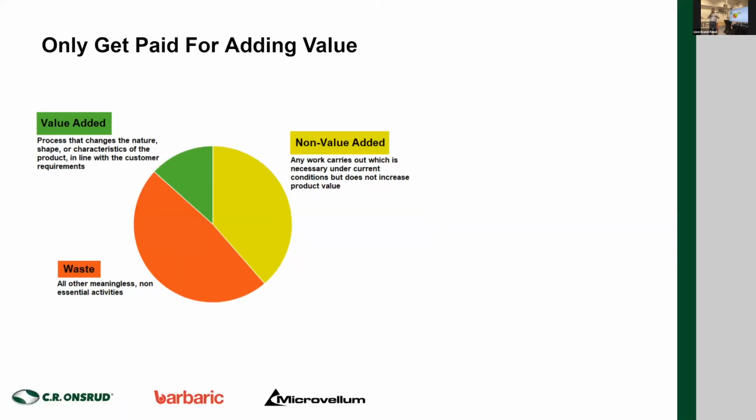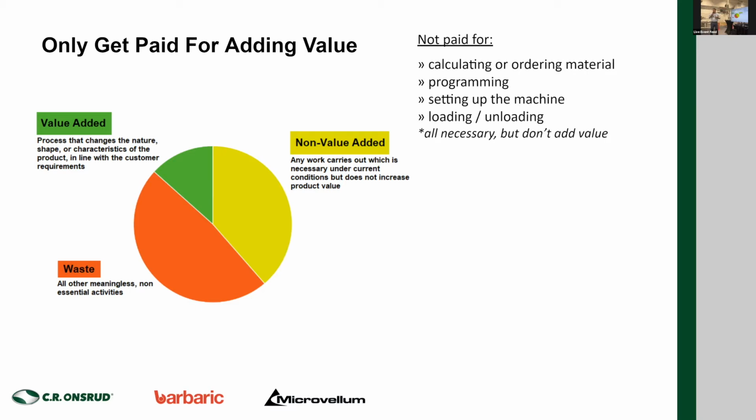There's been plenty of studies on the time involved in making a product, and it's divided into three areas: value added, non-value added, and waste. And you can notice that the value added is very little when you consider what is involved in making a product. And today we're going to talk about the non-value added time, the things that you don't get paid for.